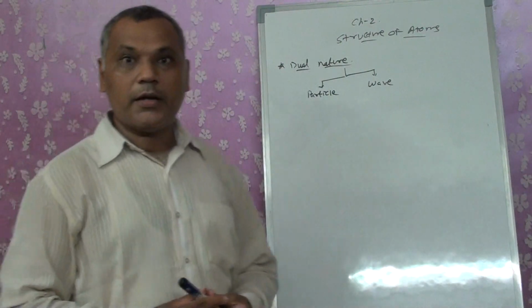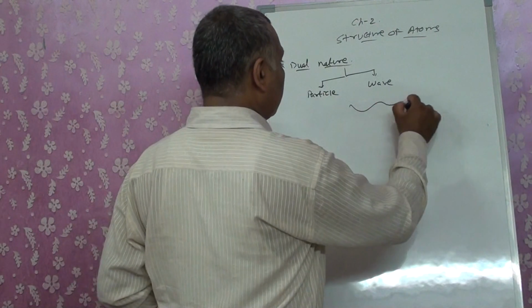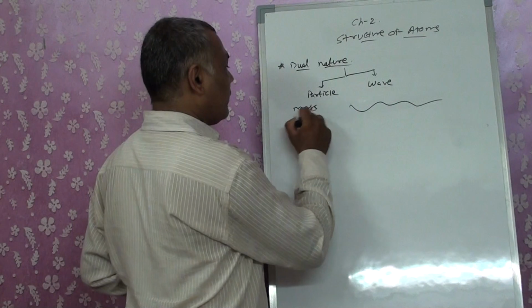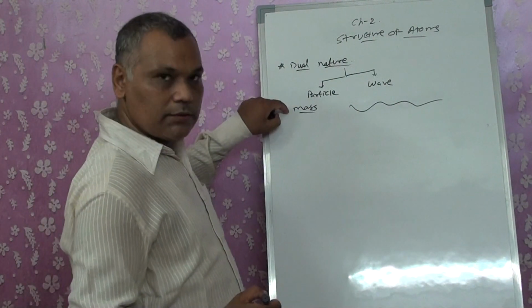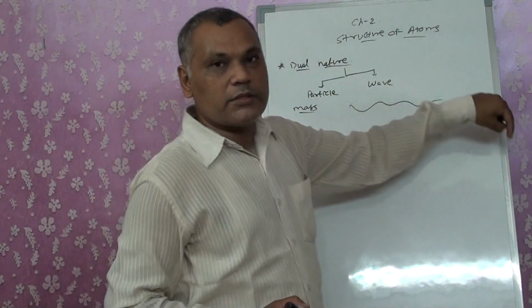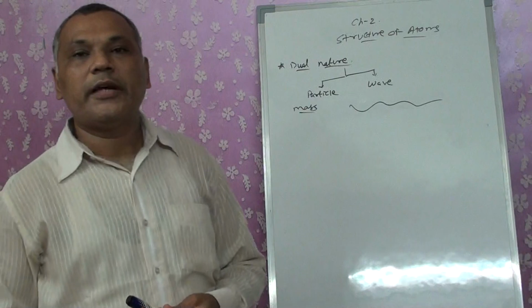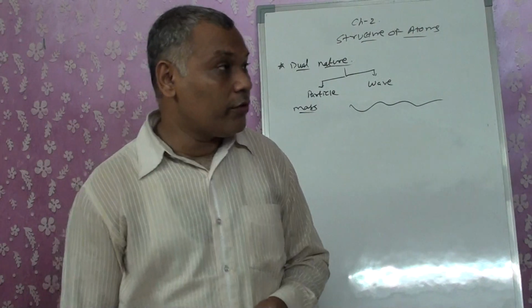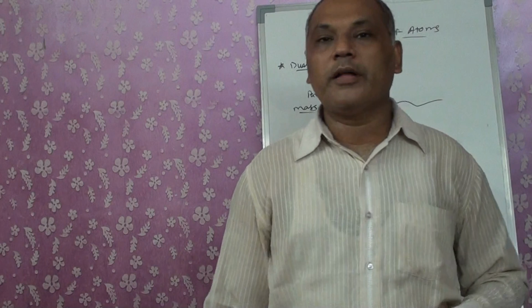That means they are waves, they go in certain motions, as well as they are having mass. We know that components which have mass are known as particles. They are moving with certain velocity, so they are waves, right? So different scientists worked on it. I am using the word different scientists because here we are going to study many scientists, the names of the scientists and the formulas derived by them.